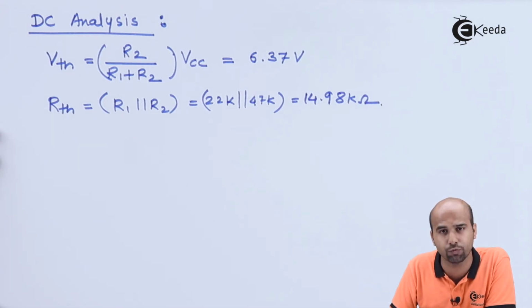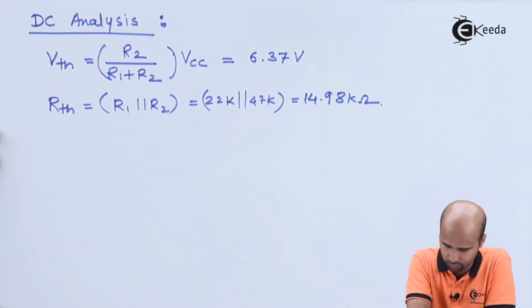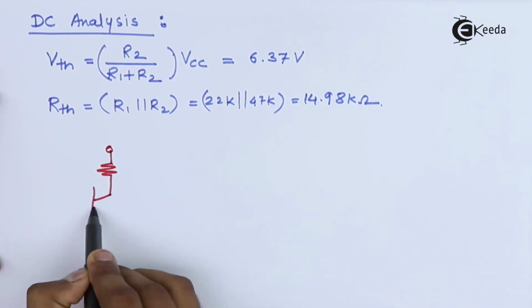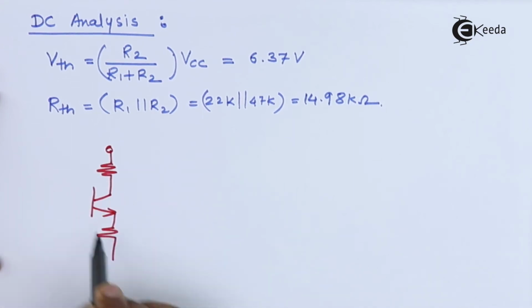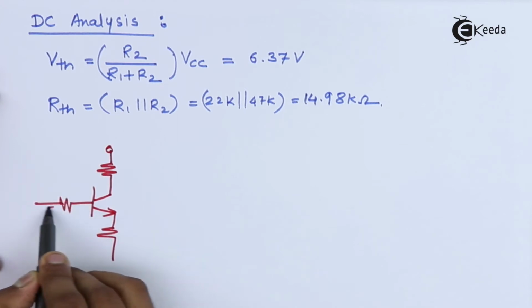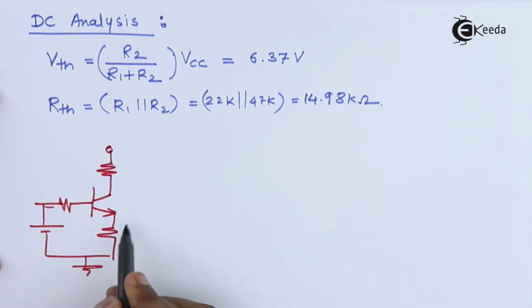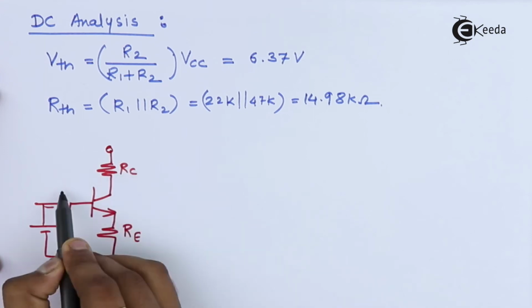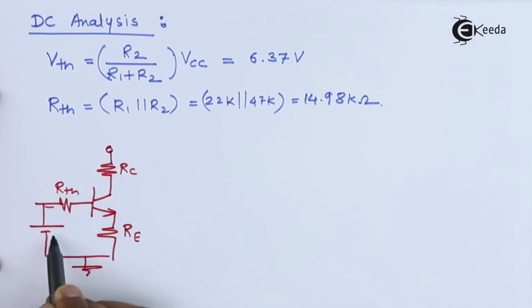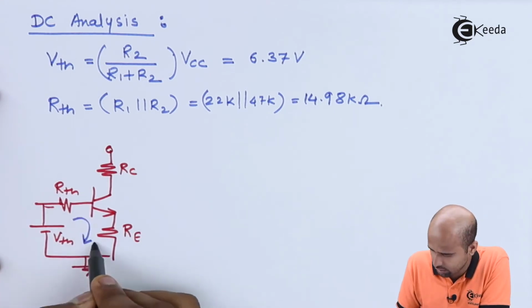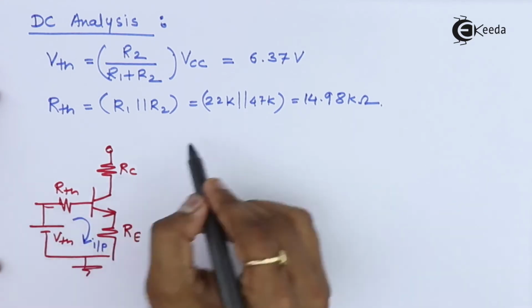We can proceed further for input KVL by drawing the Thevenin's equivalent circuit, and then we will apply KVL for this input loop.